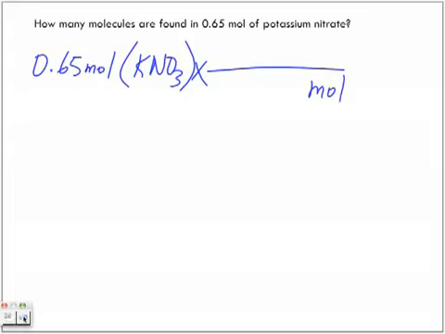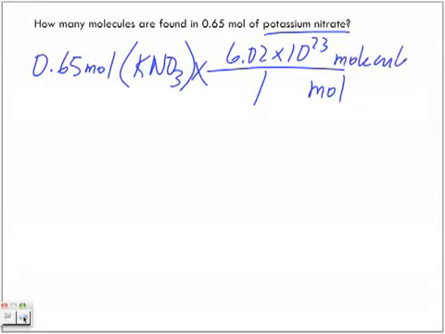So in 1 mole, how many atoms do we have? But now, are we looking at atoms or molecules? Molecules, because we're looking at a whole molecule of that. So in 1 mole, we have 6.02 times 10 to the power of 23, and it's not atoms like the other one, it's molecules.